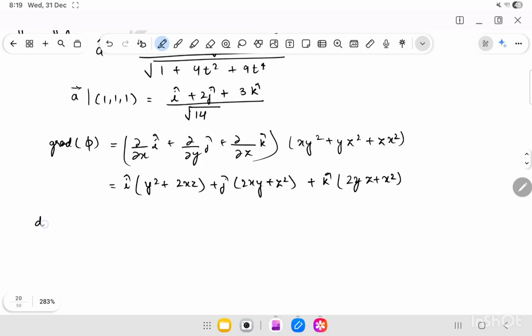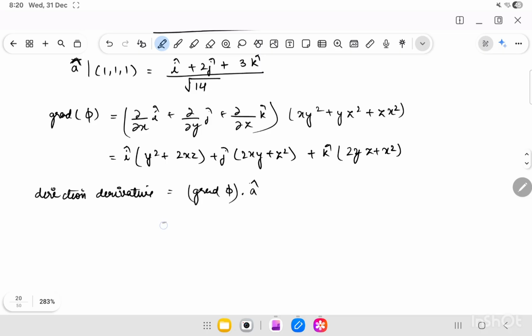And then the directional derivative will be equal to grad phi dotted with the tangent that we just evaluated, a cap, at the given point. We need to evaluate grad phi also at the given point, that is 1, 1, 1.